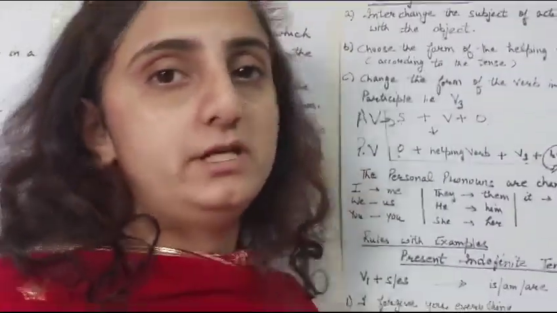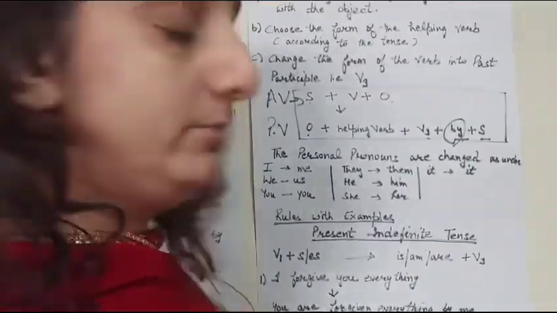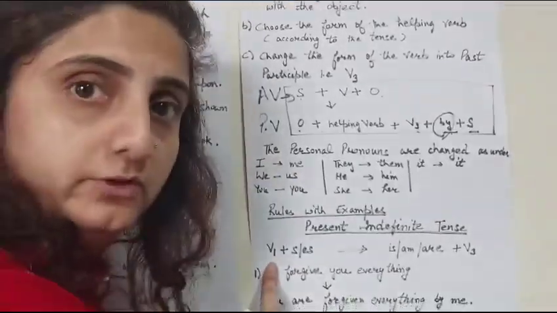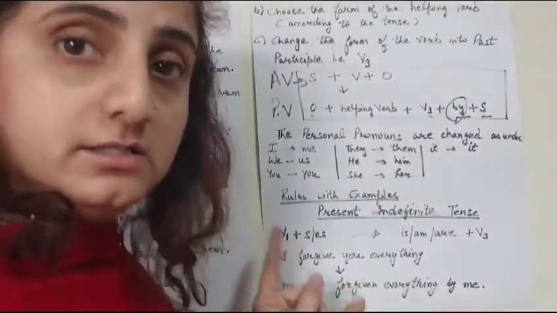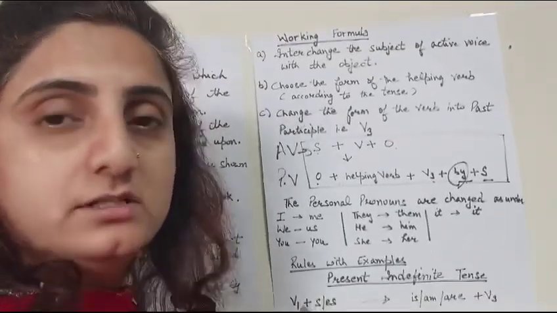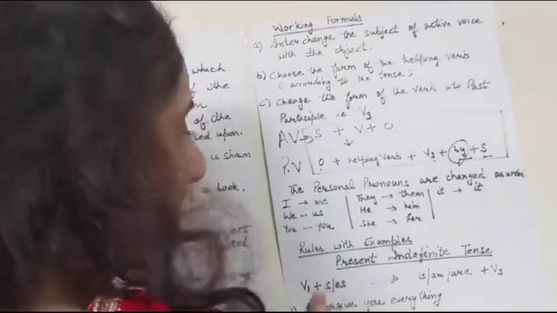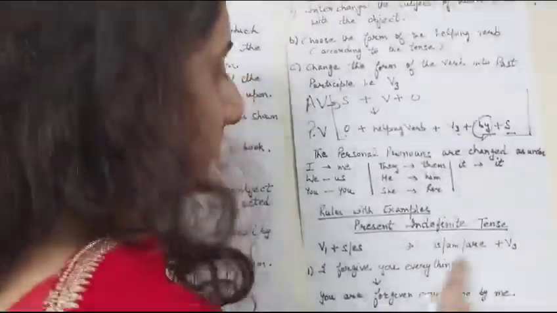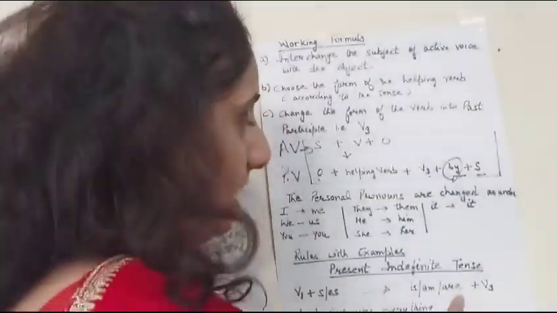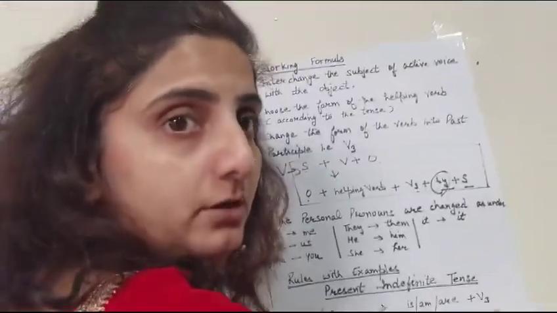First rule: when the sentence is in present indefinite tense, that means there is the first form of the verb plus subject or object, when the sentence is in active voice and it is going to change into passive, we use is, am, or are plus the third form of the verb.